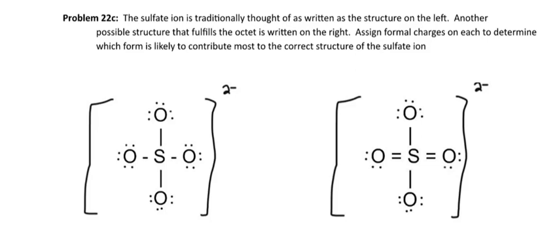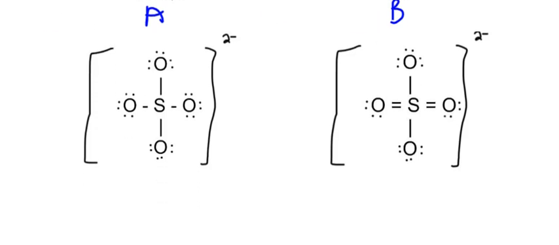So if you want to count them up, it's 6 plus 24 is 30, plus 2 extras, 32 electrons. Structure A has 32 electrons, and check out structure B. I think it also has 32 electrons. So both of them fulfill at least the correct number, but let's assign formal charges, okay?